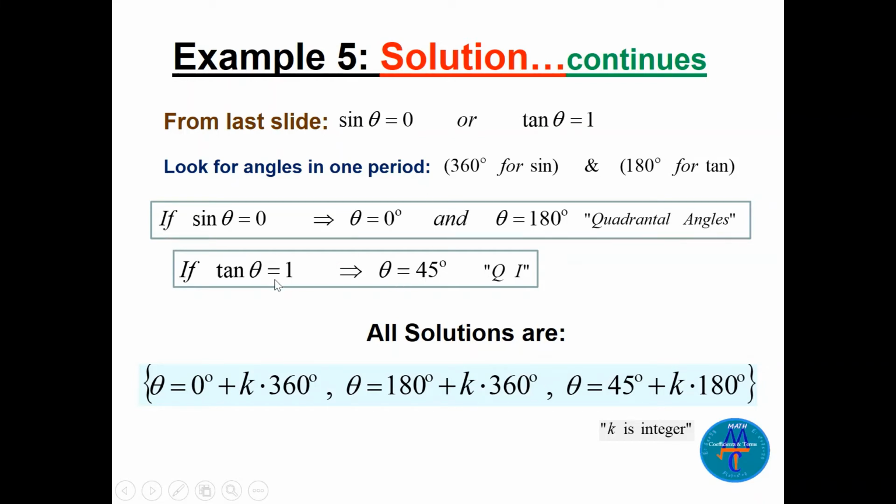If tan theta is equal to 1, then theta is 45 degrees in quadrant 1. So we can write all the solutions as theta equals 0 degrees plus k times 360, and theta equals 180 degrees plus k times 360, and theta equals 45 degrees plus k times 180, which is pi, the period for tan.